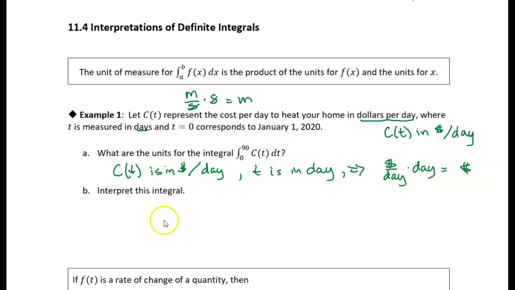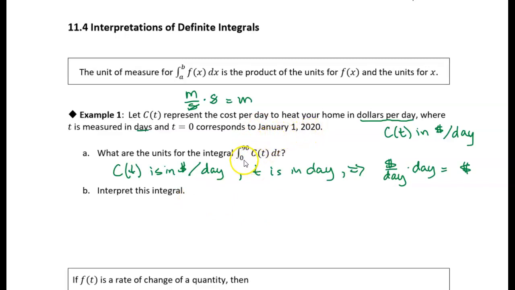Okay, now interpret this integral. All right, we're integrating from 0 to 90, and 90 is in days. So we're integrating from day 0 to day 90. We're integrating the cost function with respect to time. So this integral represents the cost in dollars to heat your home over the first 90 days of 2020, right?